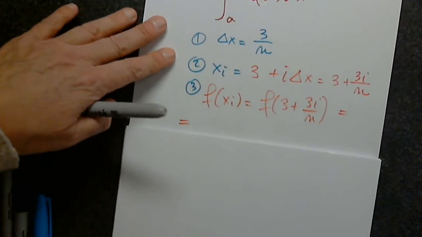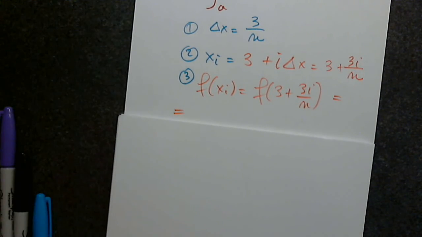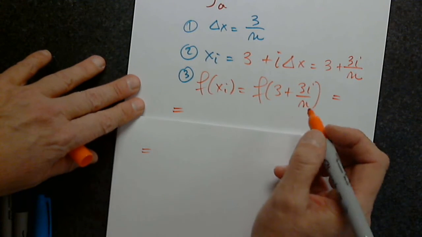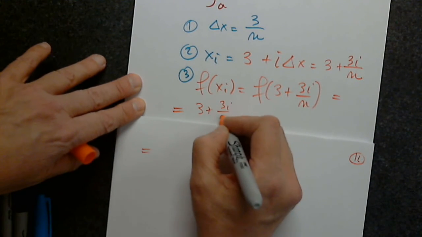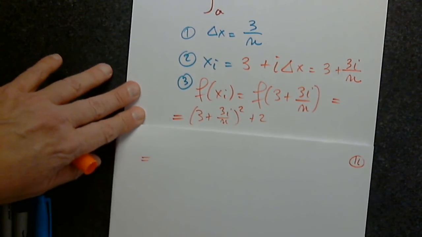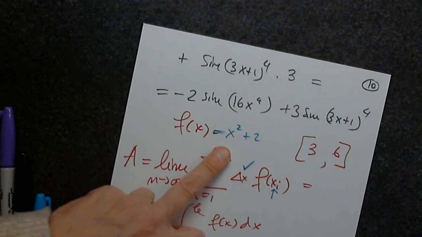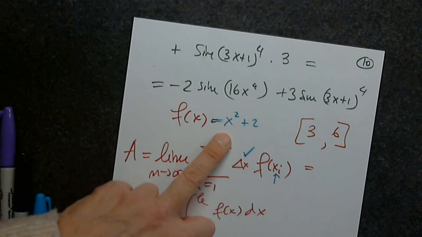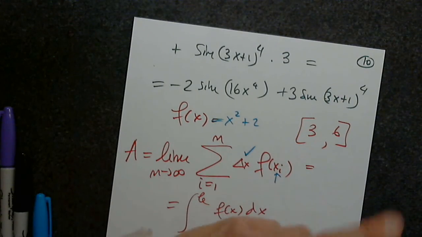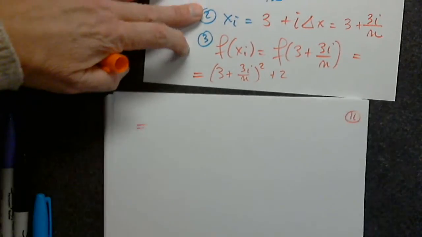So you said x squared. So (3 plus 3i over n) squared plus 2. Since the function is positive for sure, do you expect a positive area or a negative area? Of course positive, right? If the function is positive, the area will be positive.